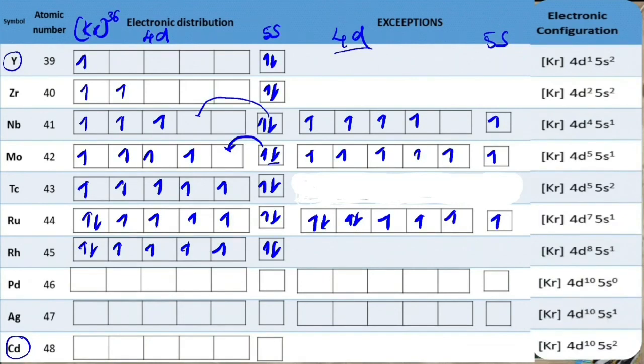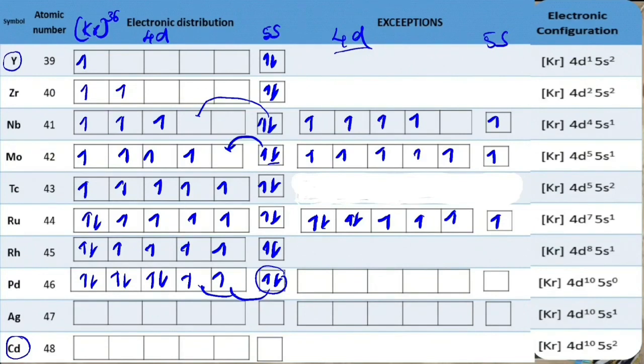The next element is palladium with the atomic number 46. This is krypton 36 plus 2, 5s2, 38, 39, 40, 41, 42, 43, 44, 45, 46. This is what we expect. But if these two electrons come and are placed here, this will be full-filled and this will be empty.